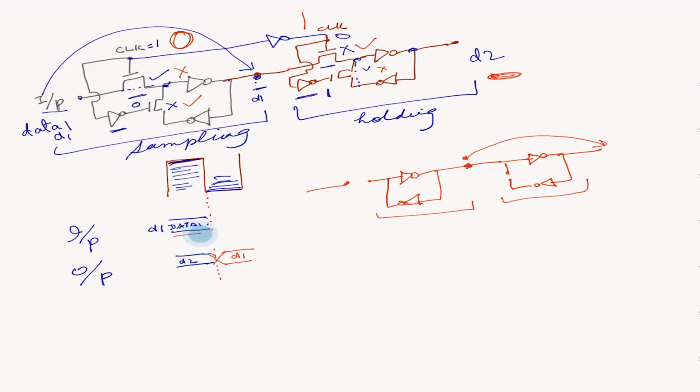Input was D1, output stayed at D2. As soon as we have a transition and we enter the second half, the output now takes what the input was before, which was D1. So flip-flops are edge sensitive: the output value changes when the clock edge happens.